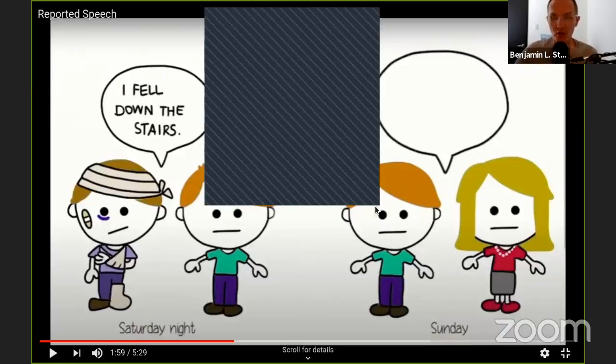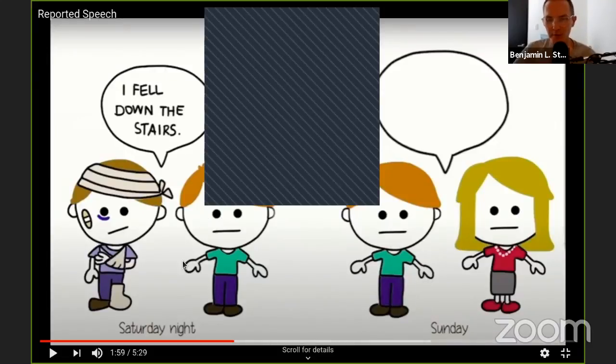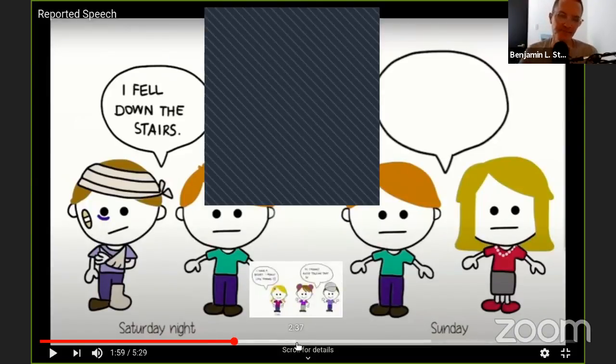Now, who's doing the reporting? Who's doing the reporting in this case? Of these three family members, I guess they're family members, who is doing the reporting?